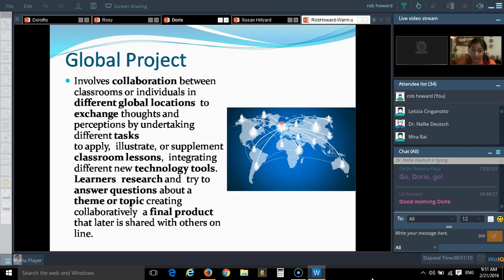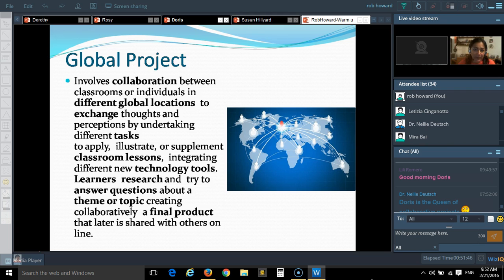It happens between individuals or classrooms in different parts of the world, and this is done to exchange ideas, to work together, to collaborate, and they get in on a task and they apply, illustrate, and supplement something that is related to what they are studying in their own lessons. Okay, so they integrate new technology tools and research, and at the end they produce something together, a final product.